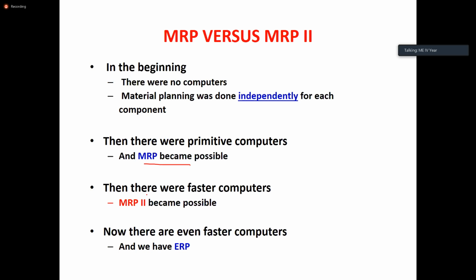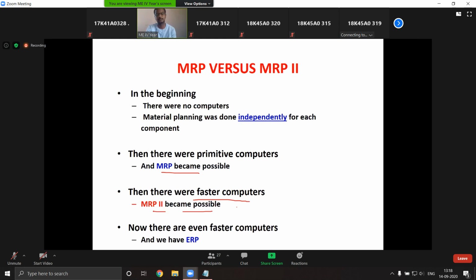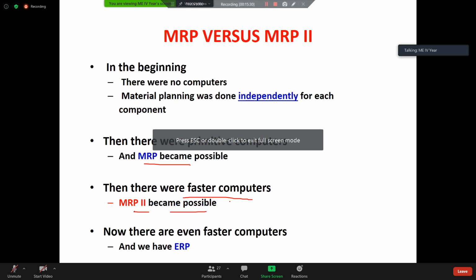And next, there were faster computers, and MRP2 became possible, including automation and automated guided vehicles. We already saw in plant layout and material handling how robotics came, and automation is completely acquired in present industry work.